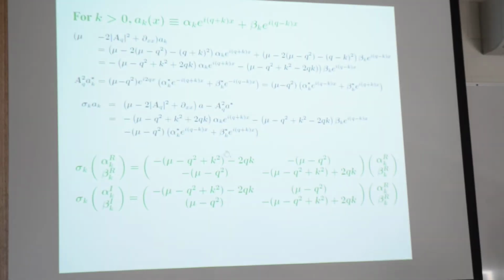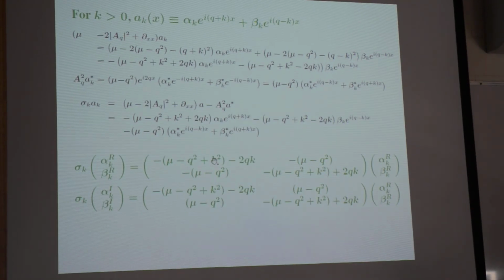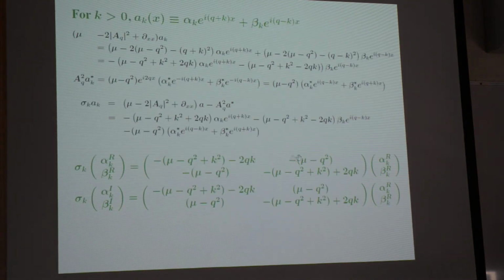And that may look complicated, but in fact, it turns out to be a very simple matrix. You can see already the off-diagonal elements are the same. The diagonal elements are almost the same. They differ by 2qk, and it turns out to be easy to find their eigenvalues. We'll call that formula. The formula says that the eigenvalues of a 2x2 matrix are the average of the diagonals, and that's easy to take. Just get rid of this thing here, right?